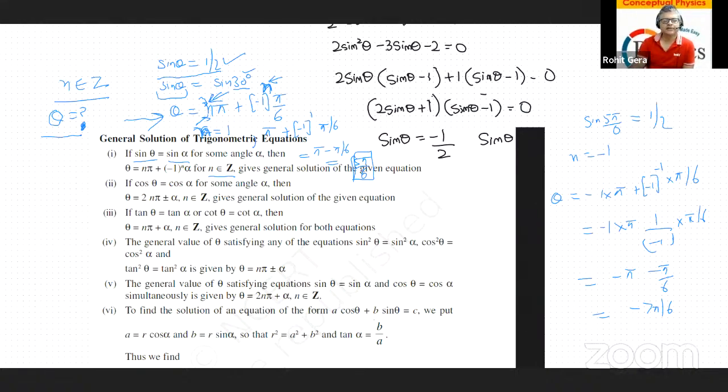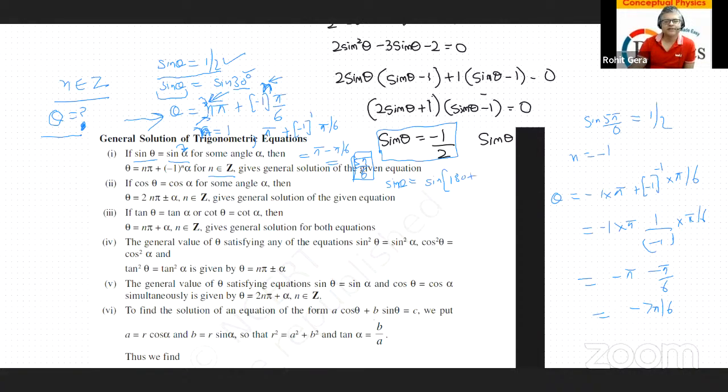In your case, if you see, you got sine theta is equal to -1/2. First find that alpha. ये सबसे पहली बार आता कहाँ पे है -1/2? Second quadrant. Sorry, third quadrant. In a third quadrant, if you write sine theta is equal to sine of, has to be 180 plus something.